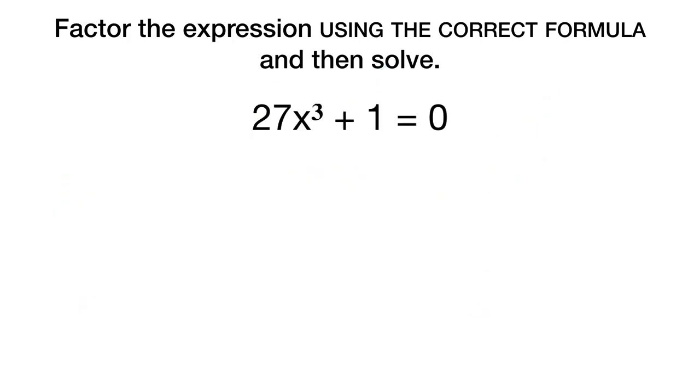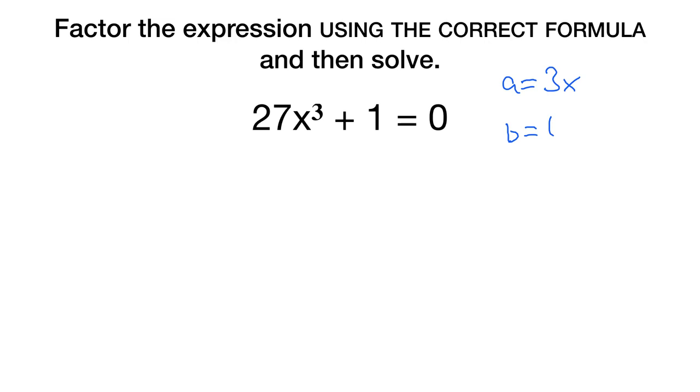All right, let's try another one. 27x cubed plus 1. Our a value, what's the cube root of 27? That's 3. The cube root of x cubed is x. By the way, the reason I know there are no common factors is that one of these is just 1. So b is, in fact, 1.